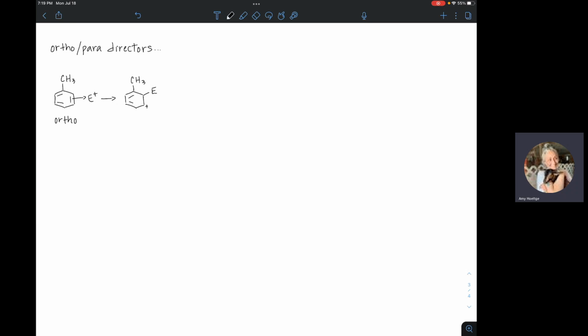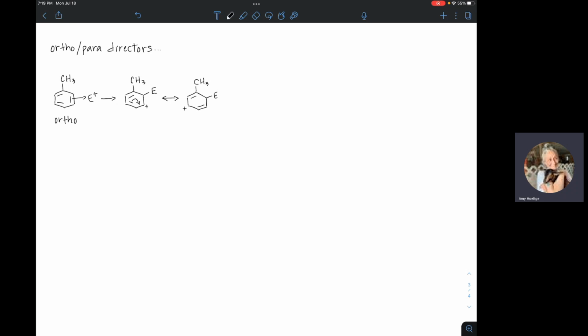I can imagine then, through resonance, I can draw another structure here, push the electron density toward that positively charged carbon, form a double bond there, still have the electrophile, still have the methyl group. Nothing happened here. I moved the positive charge over. Do you see that?